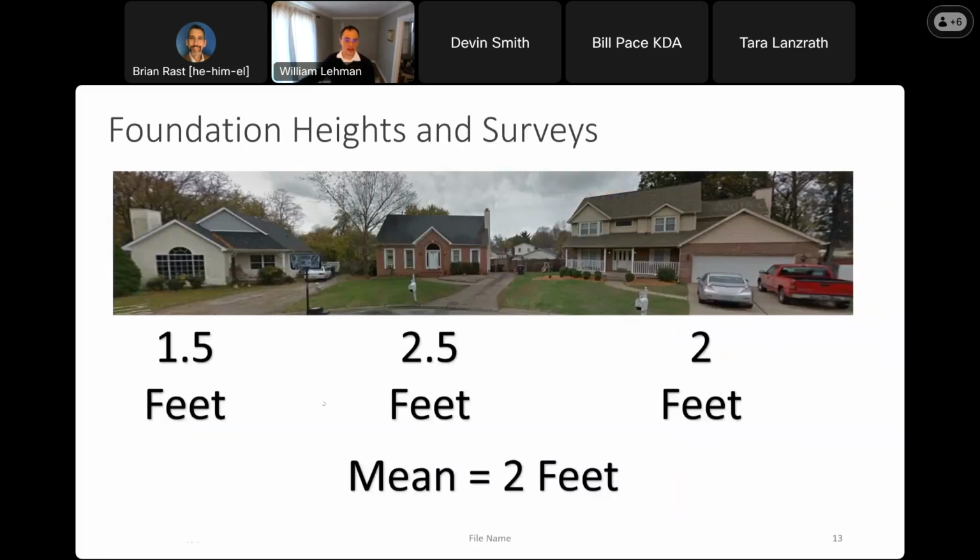So looking at street view, we can start to think about foundation heights. As we gather these, each structure might be different in its foundation height, but effectively the same kind of structure. They're single family residentials. It looks like maybe one 2-story, one 1-story, and one split level, or something along those lines. Maybe that other one's a 1-story.